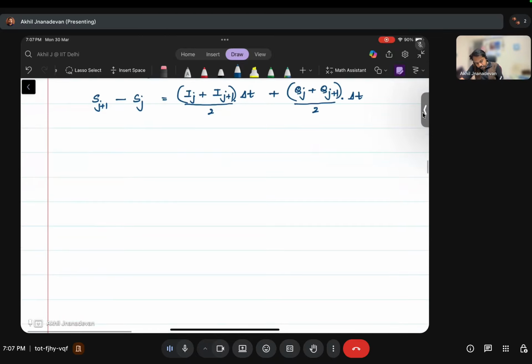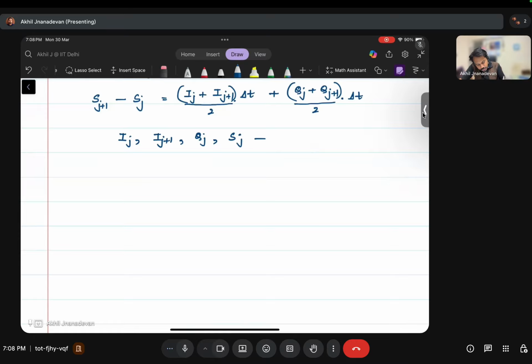Now in this equation we know Ij and we know Ij+1, right? Also we know Qj, that is, at the initial or just previous time step, what the outflow is. That is also known to us, and Sj, the current storage.